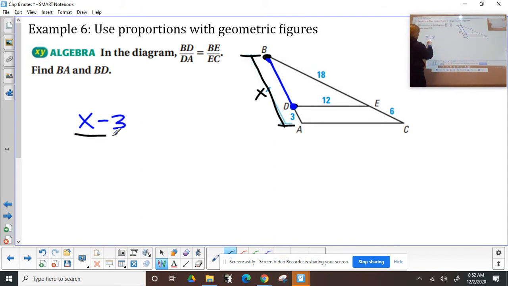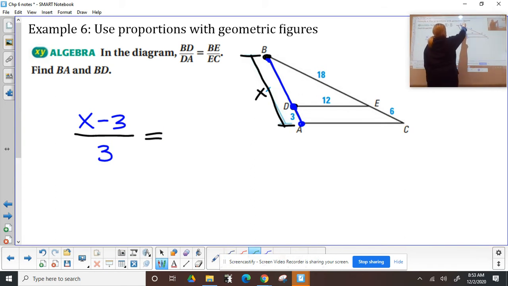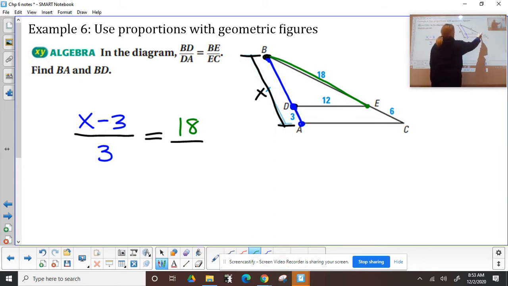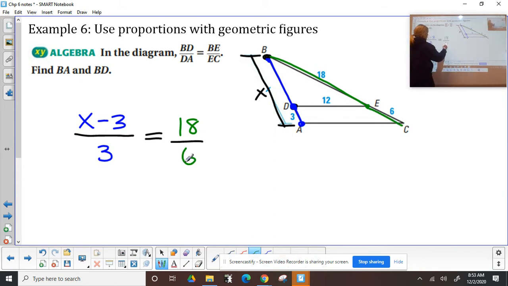over DA. DA is this smaller segment here, which is 3. And that's going to be equal to, they have BE, which is this segment here, 18, over EC, which is this segment here, which is 6.